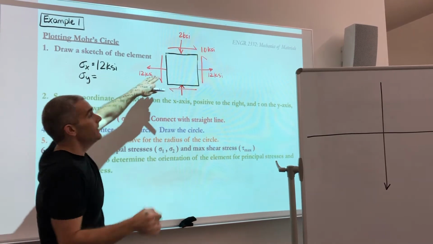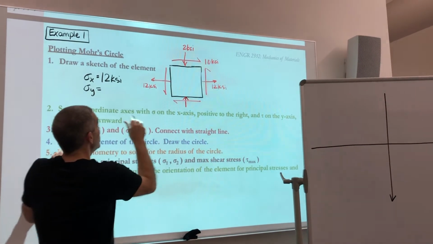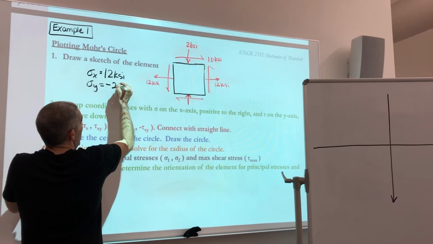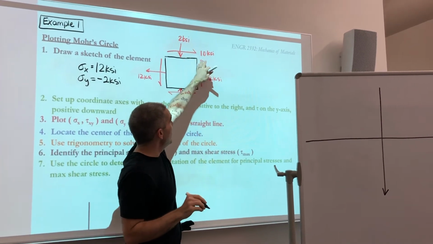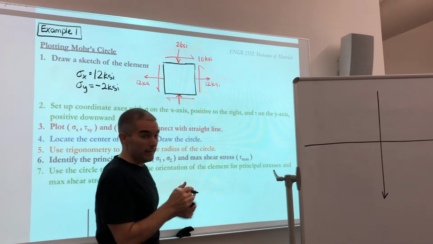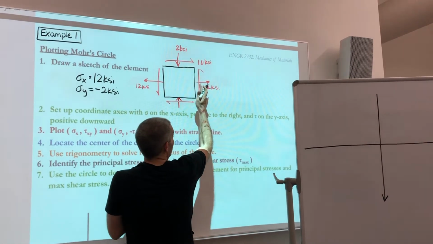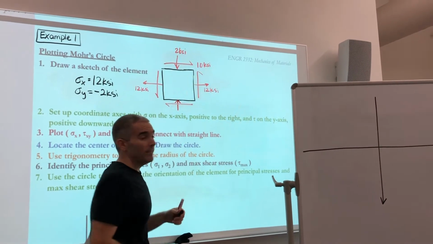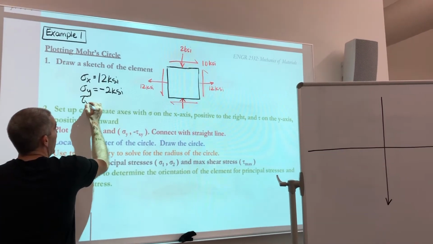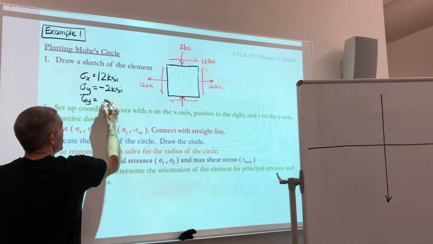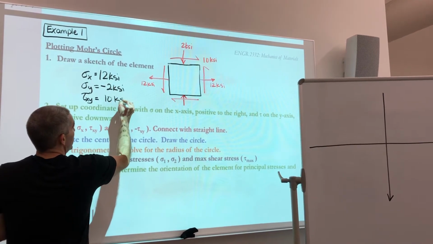Sigma y is in compression, so negative 2 KSI. And our shear stress is on the x plane, in the positive y direction, so that's going to be a positive shear stress. So tau xy is positive 10 KSI.